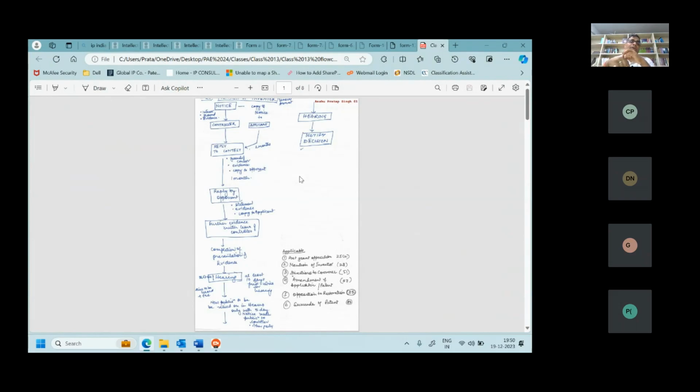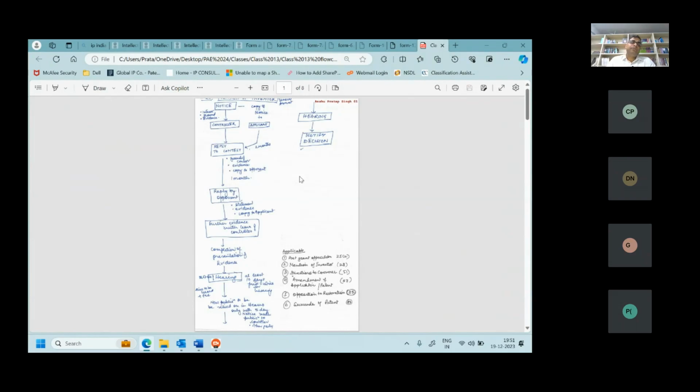And if he contests, he has to tell the ground of contest, evidence, and a copy should be sent to the opponent. Within 1 month, the opponent should reply, and his reply will consist of statement and evidence, and the same reply should be sent to the applicant. Now, if there is any evidence with the leave of controller, further evidence can be given.